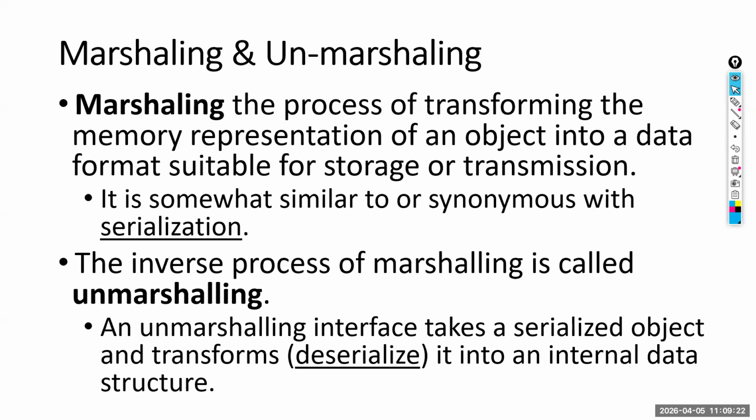Either you can call it serializing the object, or you can say you marshal that object so that you can send it through the network. Okay. So then when you get the response, you need to deserialize to get it back to an object, or you can say you need to unmarshal to get it back to an object.